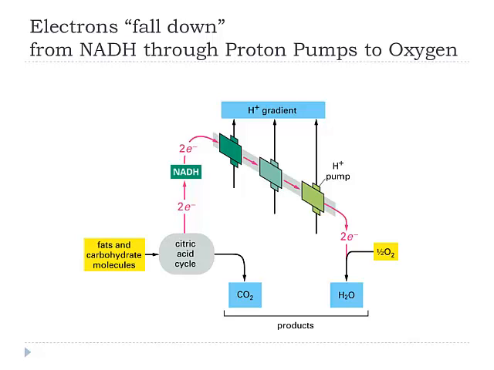Why is that important? That's important because the energy, so this is written at an angle because each time the electrons are passed to another carrier, it becomes more stable, releasing a little bit of energy. That energy is then used to drive an unfavorable reaction of moving the protons across that inner mitochondrial membrane.